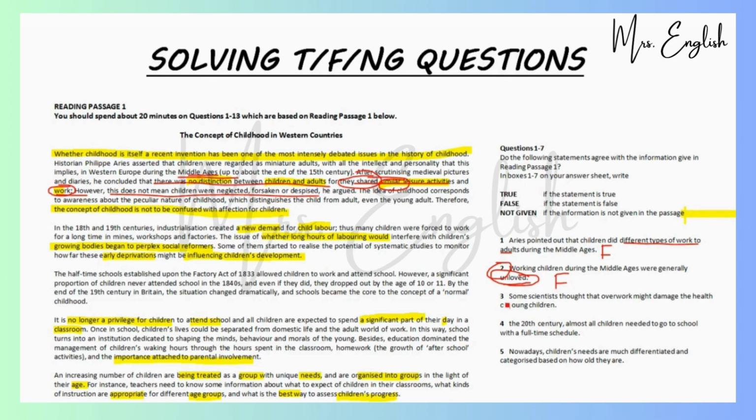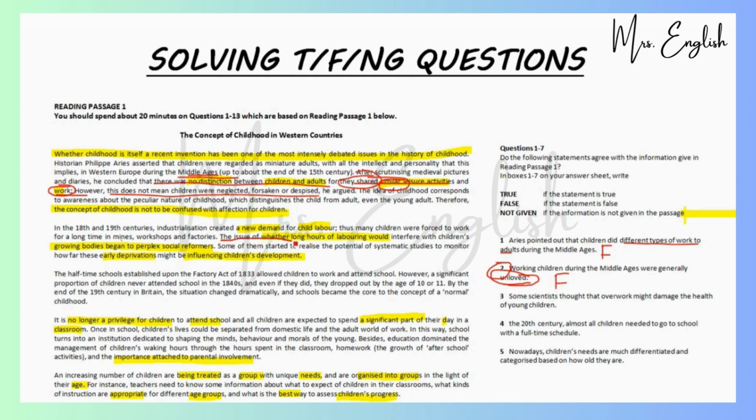Let's look at question number 3. Some scientists thought that overwork might damage the health of young children. Do you remember anything about overworking damaging the health of children? I think we found it in paragraph 2. Let's see. Let's read this part.